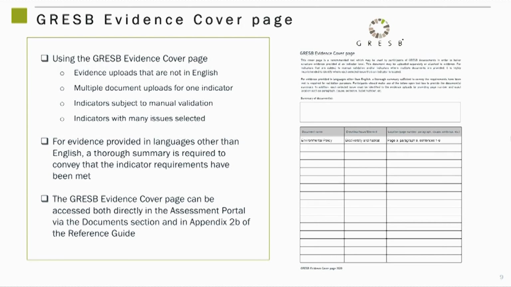For evidence provided in languages other than English, a thorough summary, sufficient to convey that requirements have been met, is required. Participants may make use of the open text box provided in the evidence cover page to provide a summary of the document. In addition, each selected issue must be identified in the evidence uploads by providing page number and exact location, such as paragraphs, clause, sentence, etc.